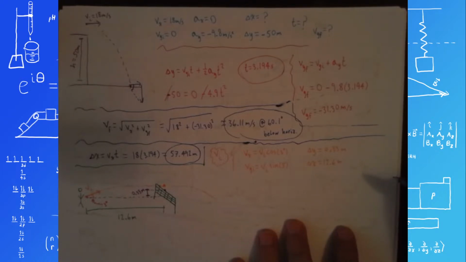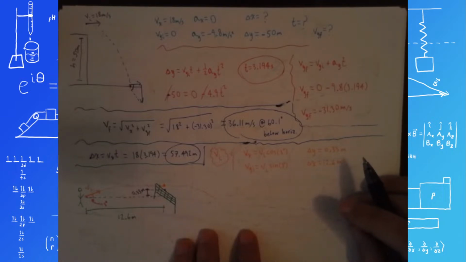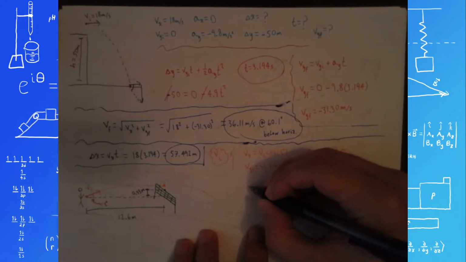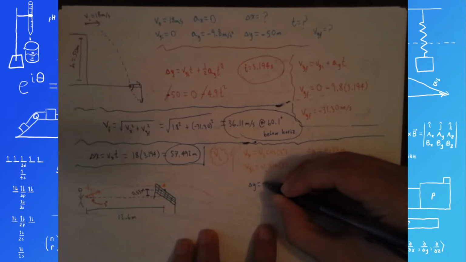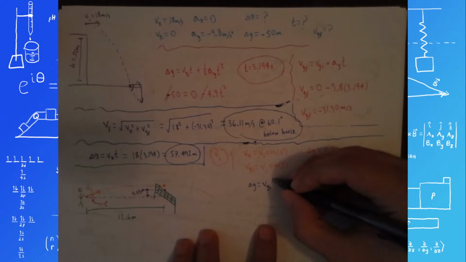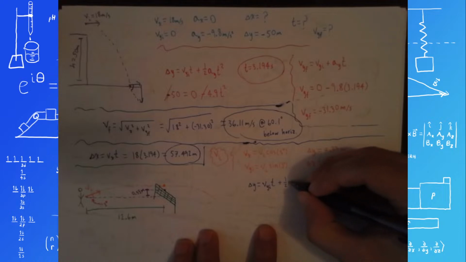Okay, so how would I calculate delta y normally? Well, I guess I could use the third equation of kinematics, but I could also use the second. So if I go for the second, I would get delta y equals Vy initial times t, and we can replace Vy initial with this whole thing in a minute, plus 1/2 acceleration in y times t squared.